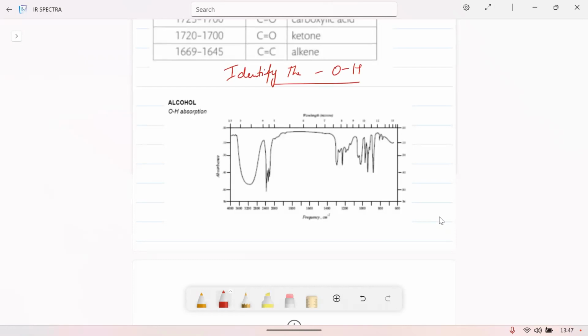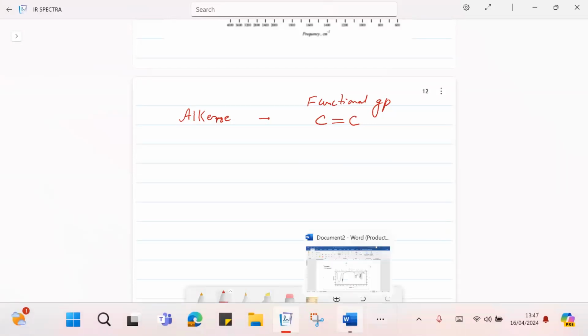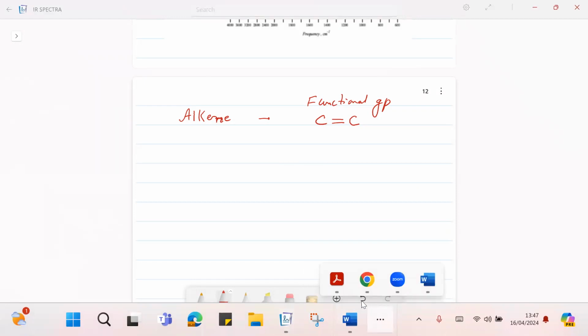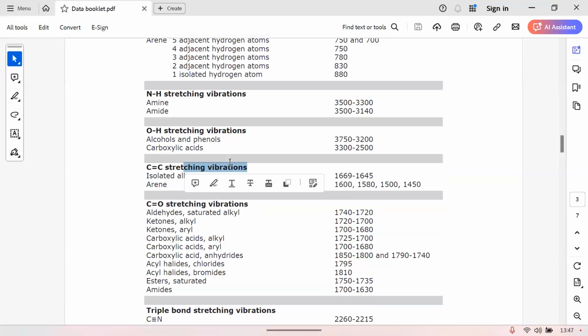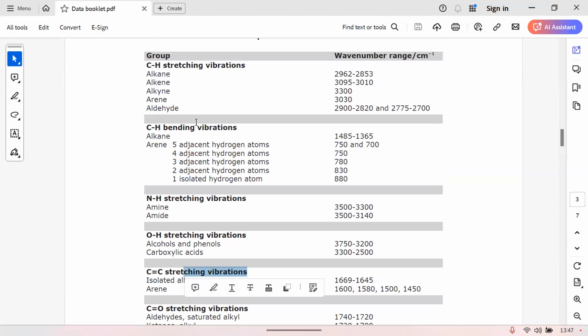Now, before you go and identify the functional group, we need to understand that if you want to know whether your organic compound is an alkene or not, you will try to find out if there is a peak for the wave number corresponding to C double bond C in alkene.